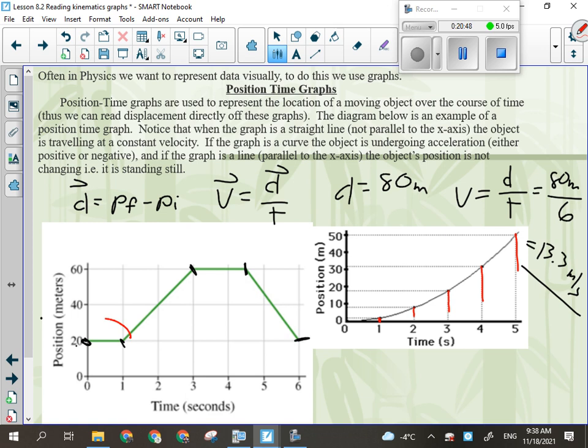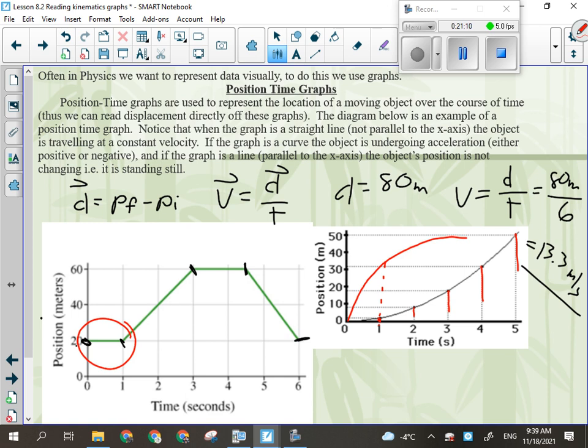Okay, what was the object doing right here? Not moving. So if you're slowing down, your line should get flatter. Flatter and flatter. So this is a decelerating object. It's the opposite of this curve, right? Between 0 and 1 second, it went that far.